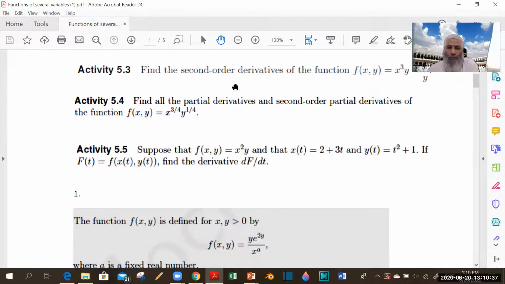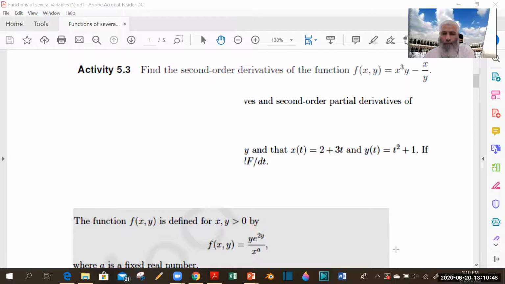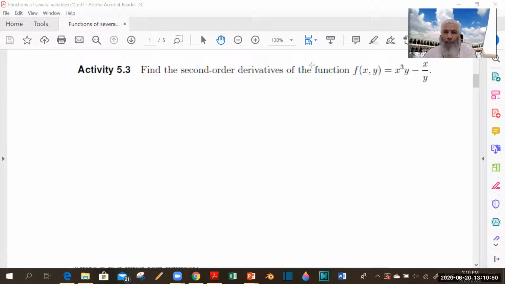Now find the second order derivatives of the function f of x y equals x cubed y minus x over y. It would be the same. First of all we find the derivative with respect to x and with respect to y. We get 3x squared y minus 1 over y.